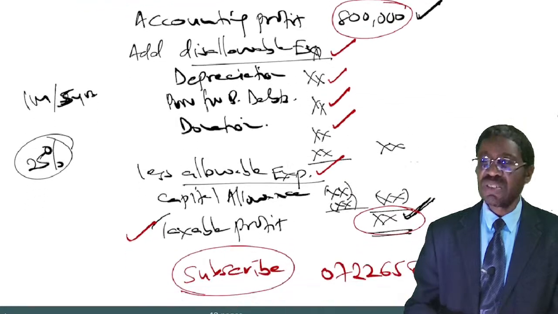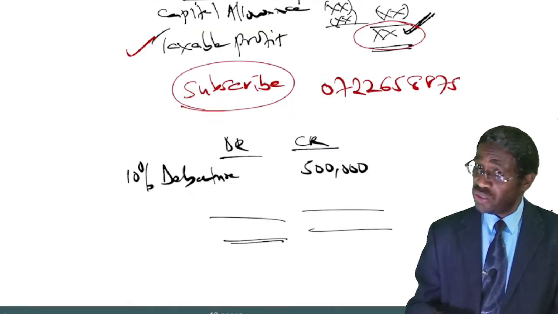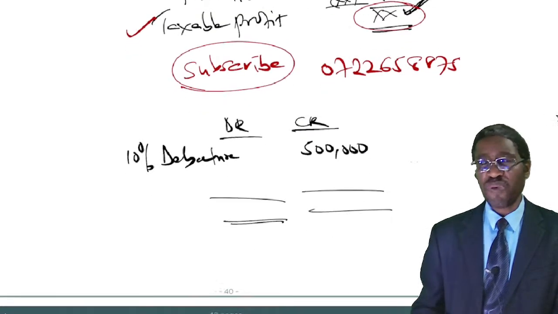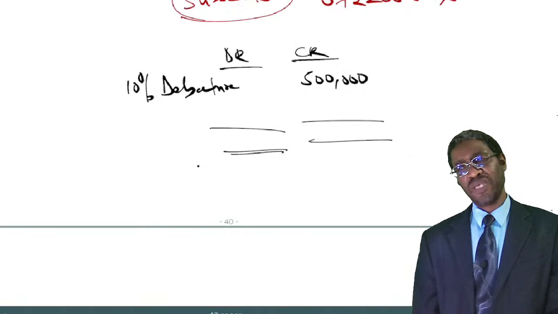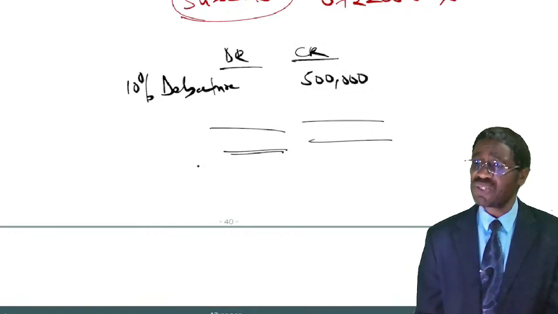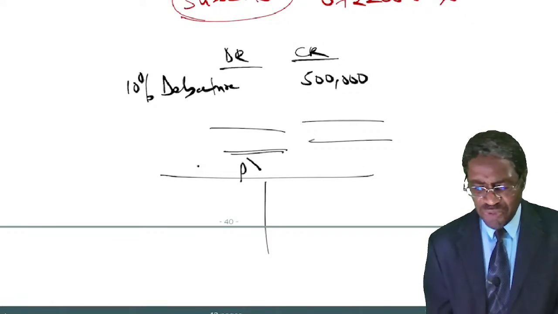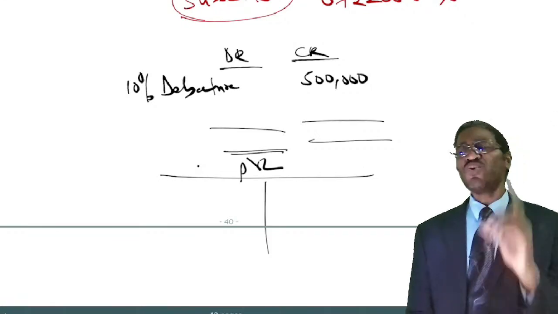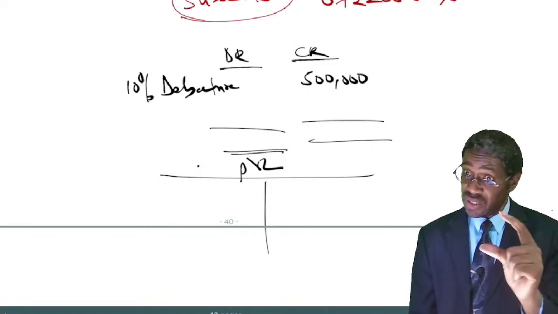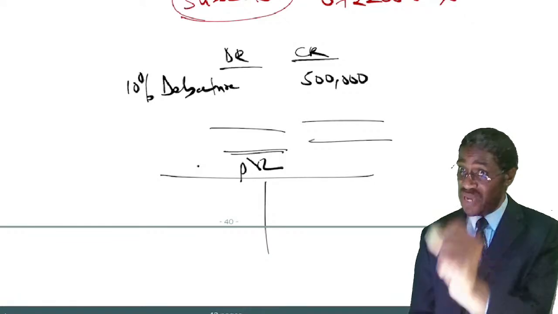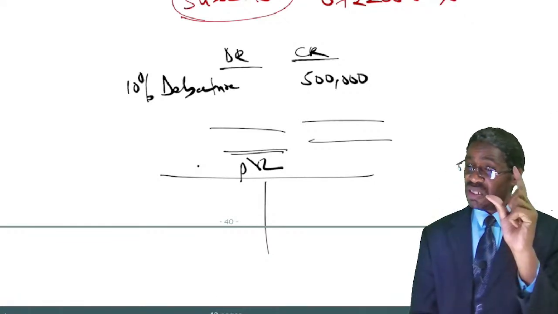Now listen, if he has given you that as part of the trial balance, and you are told to prepare an income statement for this company, the question is this: in that profit and loss, were you charging interest? In this trial balance, you are given 10% debentures amounting to 500, and nothing else.